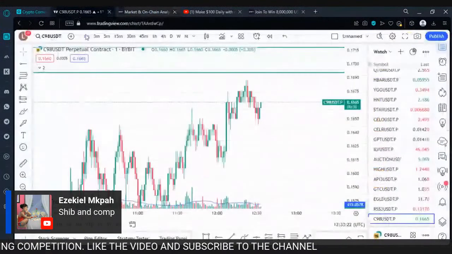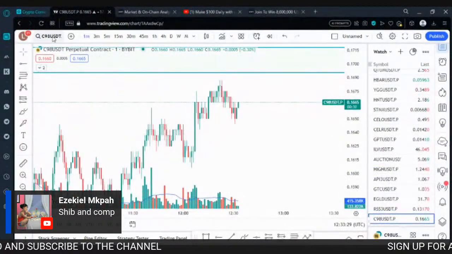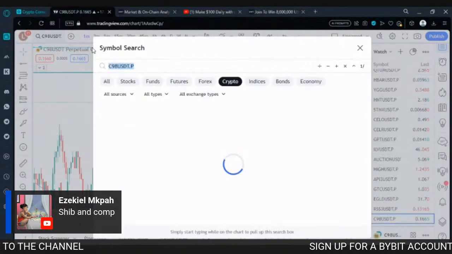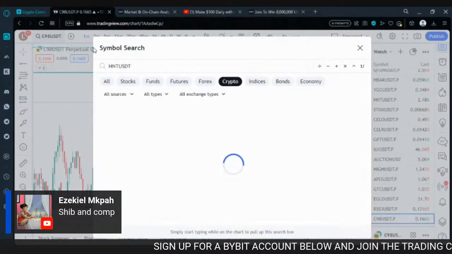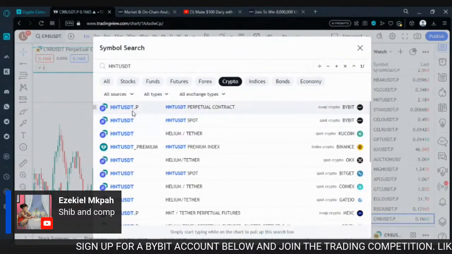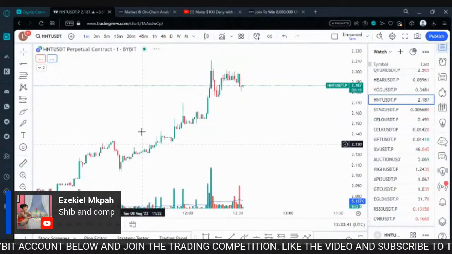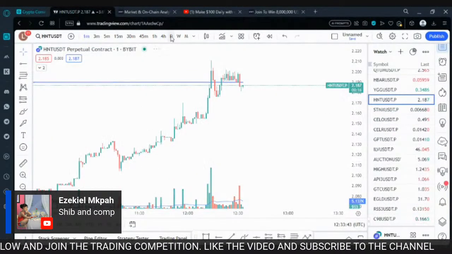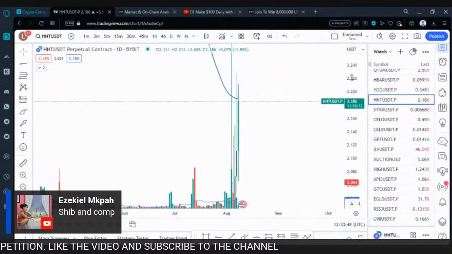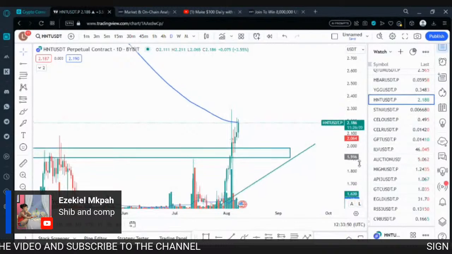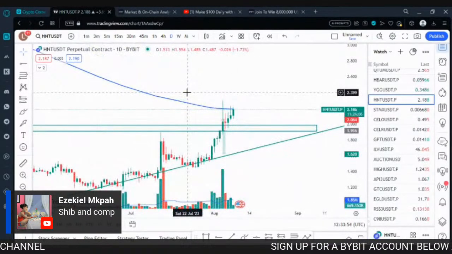Let me look at HNT and see if we can short that token right now. Guys, you can short HNT with market order.